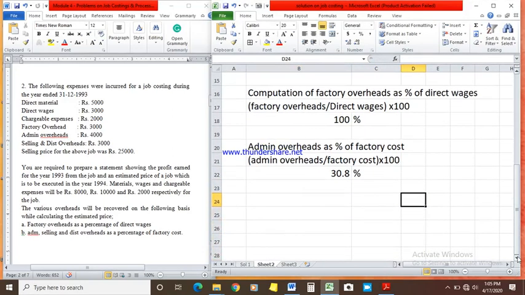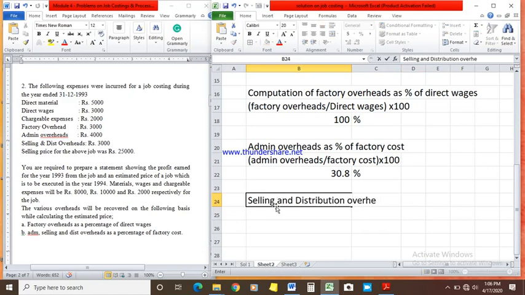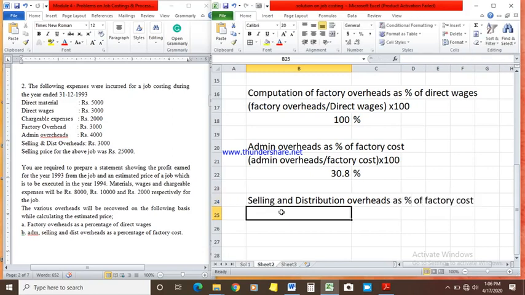The next calculation is selling and distribution overheads as a percentage of factory cost. Again the formula, selling and distribution overheads divided by factory cost multiplied by 100.